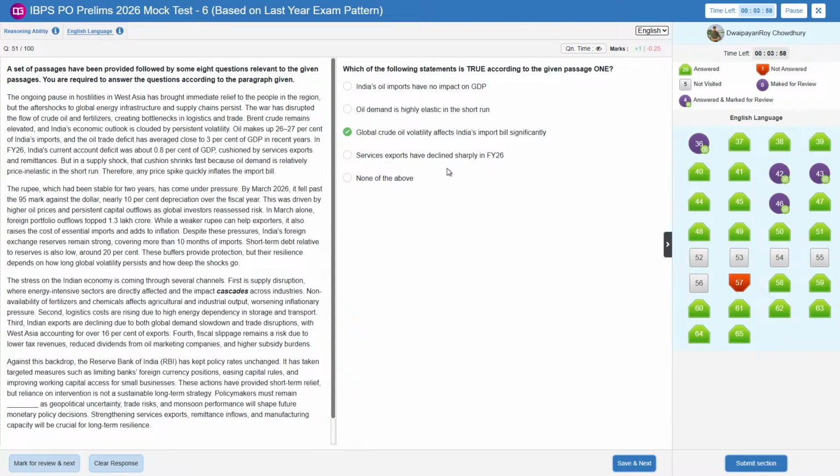Service exports have declined, exports and remittances. Okay, cushioned by service exports and remittances, right? So they may not have. Oil volatility affects India's inflows, brings cost.